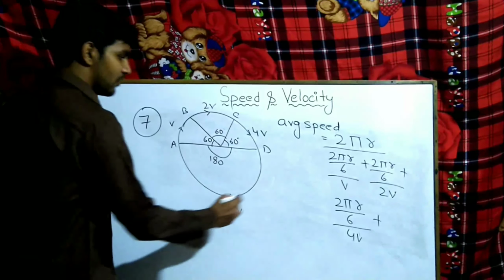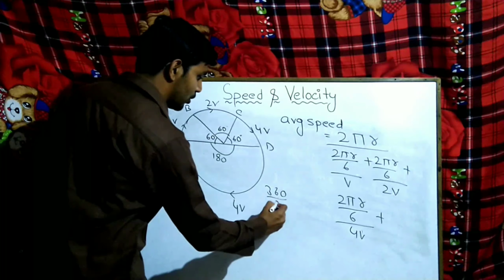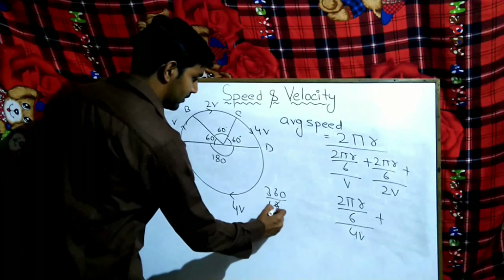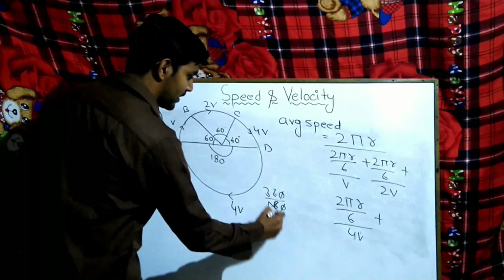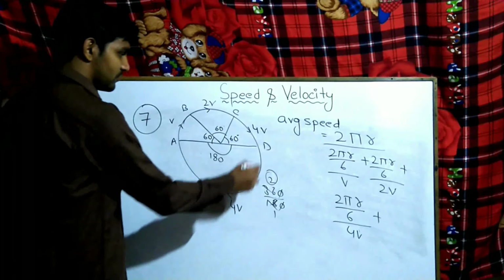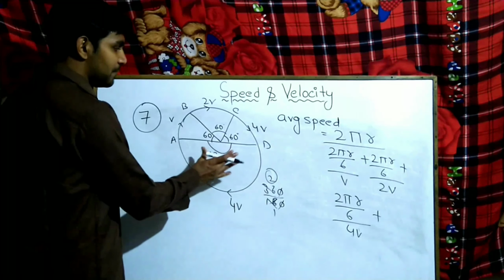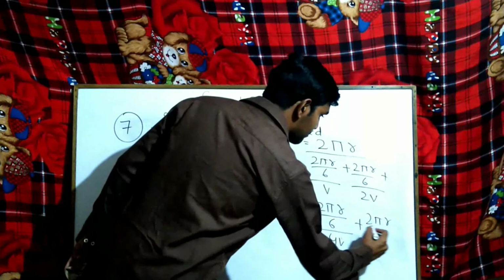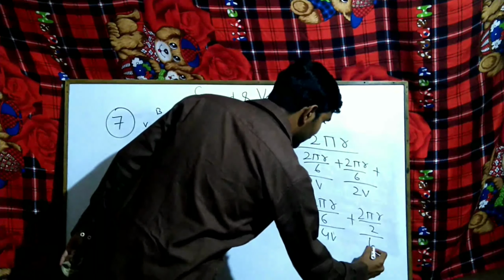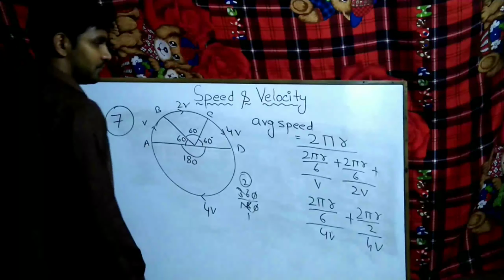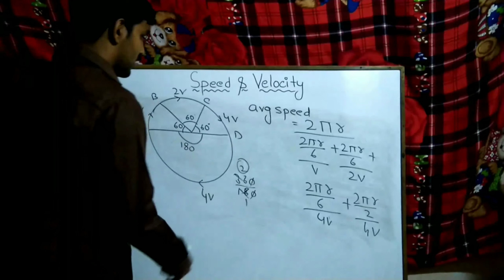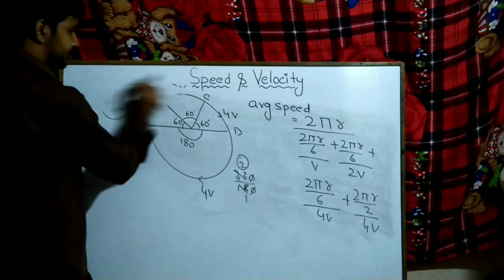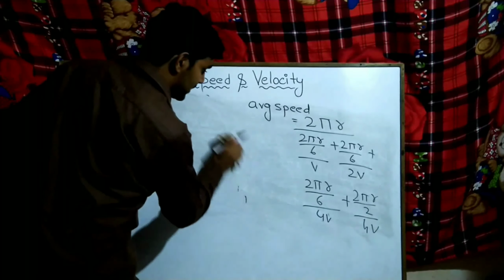So this is 360 by 2, which is the second part of this circle. So I will write 2 pi r by 2 by 4v. Clear? Now I will rub this diagram. Now you just see.